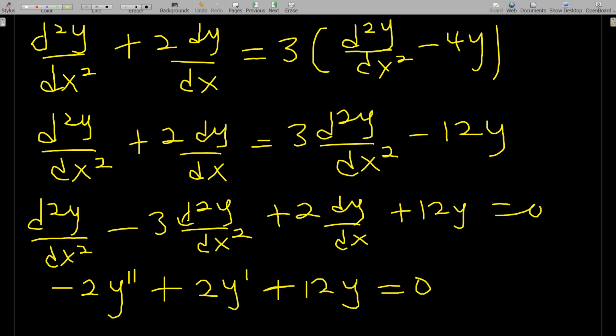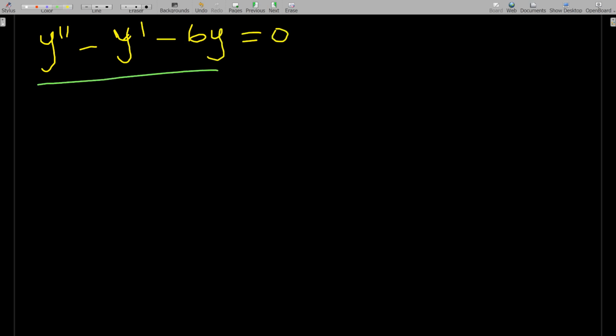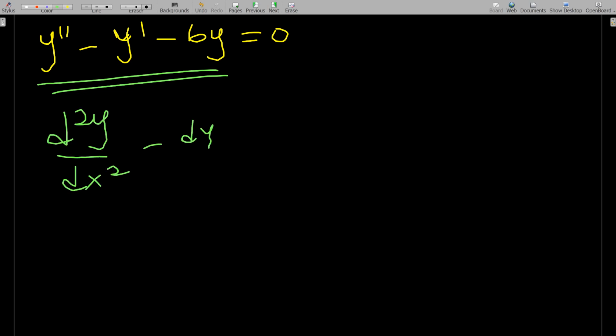So if I divide through by negative 2, we then get y prime minus y prime, that is dy ds minus 6y is equal to 0. And this becomes our required differential equation. Very simple. Or somebody can write this: d squared y ds squared minus dy dx minus 6y is equal to 0. Anyhow you want to write it.